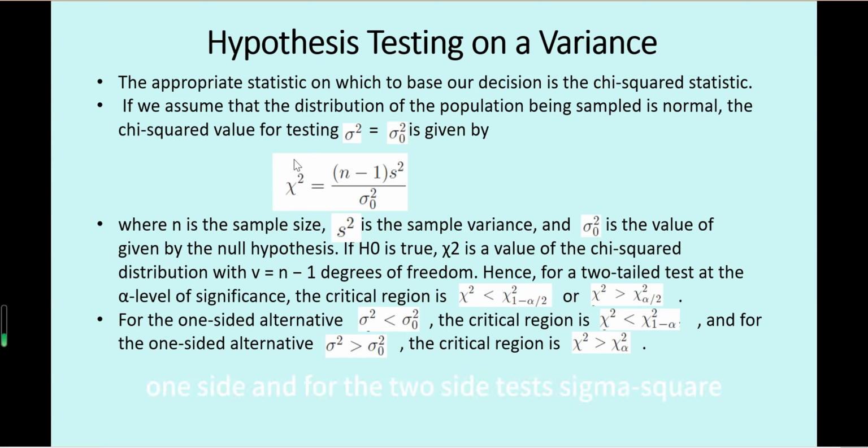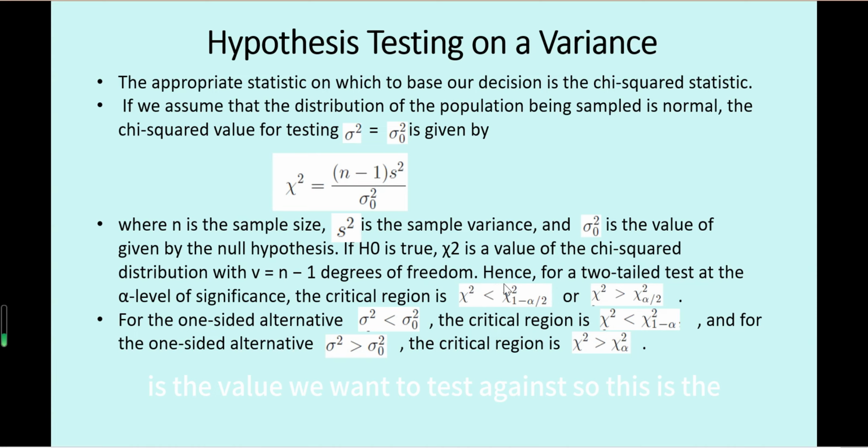For the two-sided test, sigma square equals sigma 0 square, we use the statistic chi-square equals n minus 1 times s square divided by sigma 0 square. Here s square is the sample variance. We take a sample from the population and calculate the sample variance. n is the sample size, and sigma 0 square is the specified value we want to test against.